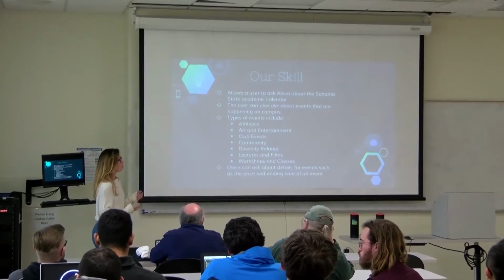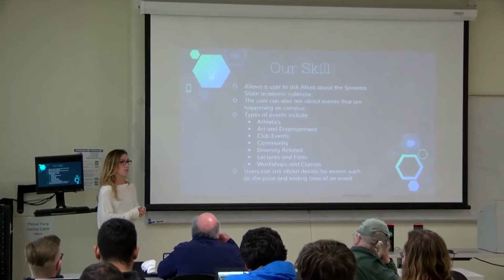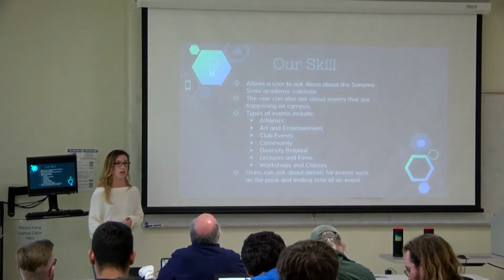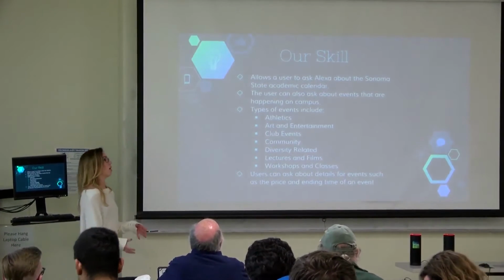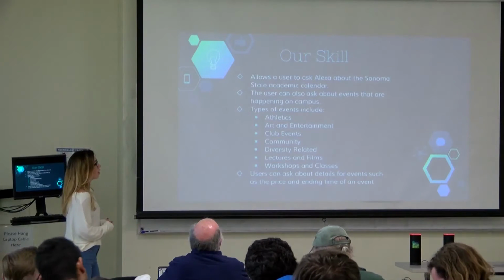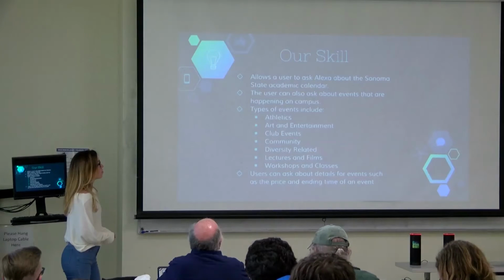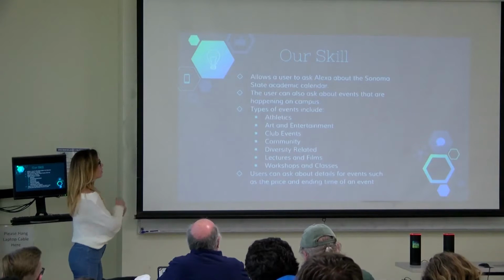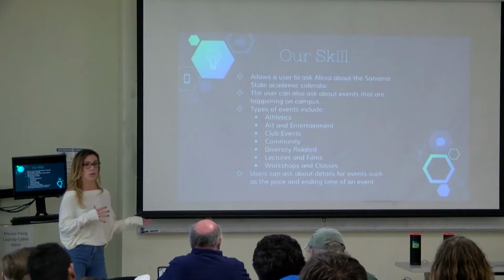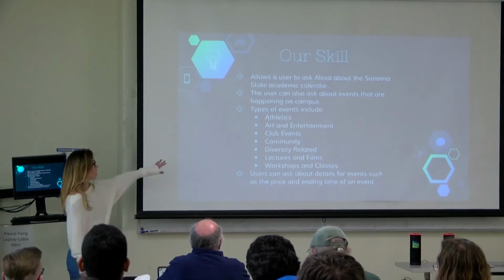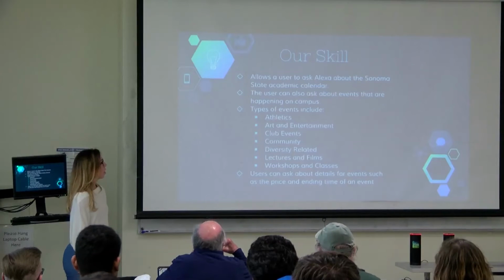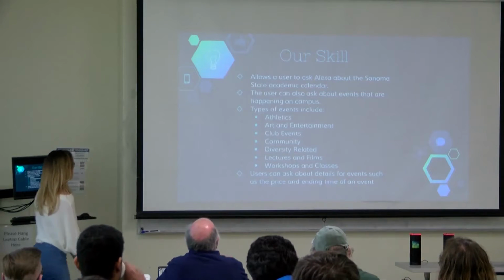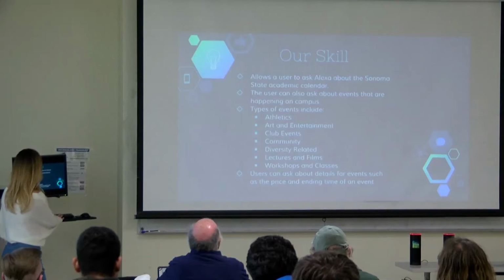So what the user can do with our skill is basically ask about events that are happening on the Sonoma State campus. You can ask about the academic calendar, and we have all these different types of events you can ask about, so you can narrow it down to what you want to hear about for that day, and the types of events are listed up here. They range from athletics all the way to lectures and some other fun things.